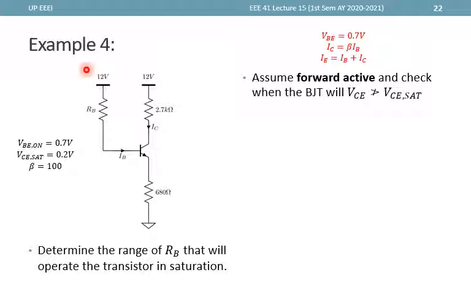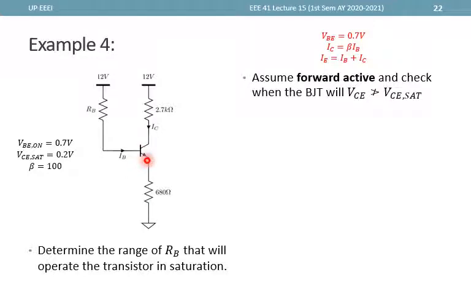So to approach this, what we can actually do is assume that the device is in the forward active and check when we will not meet the condition that VCE is greater than VCE sat, since if this is not met, then the device must be in saturation, since we are sure that with these supply voltages the base emitter junction is forward biased.